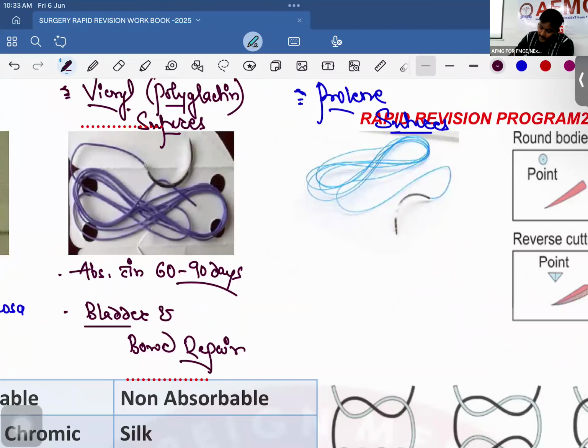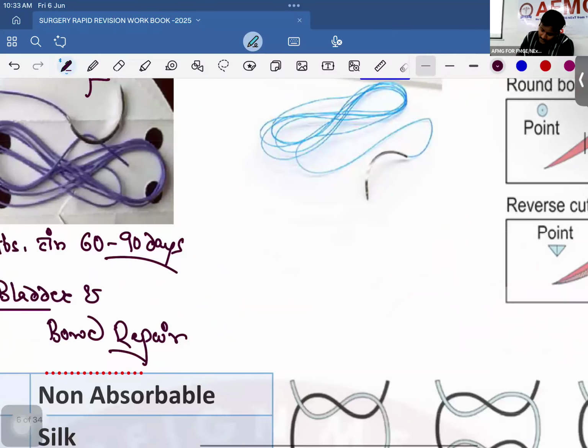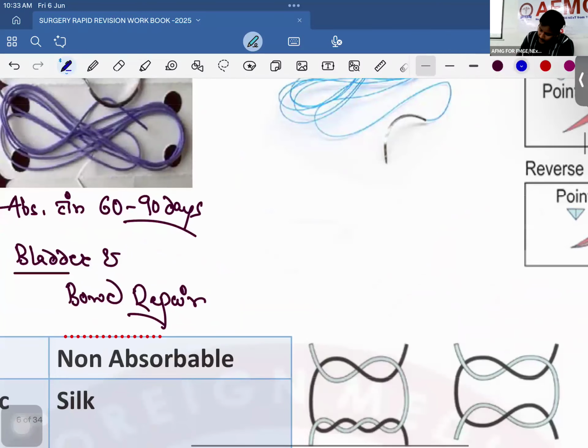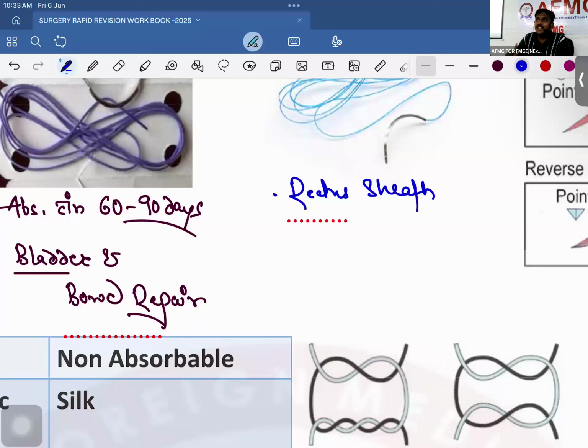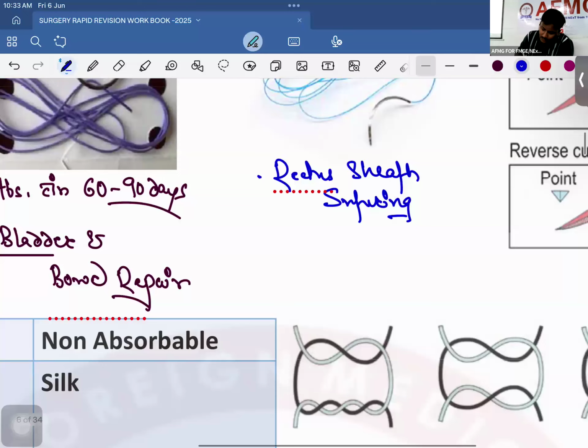Very good. Prolene suture is used for rectus sheath closure or rectus sheath repair. Whenever we perform a laparotomy and after that we have to close the abdomen, we have to suture this tough sheath, beta, called the rectus sheath, and that is sutured with the help of Prolene sutures itself.